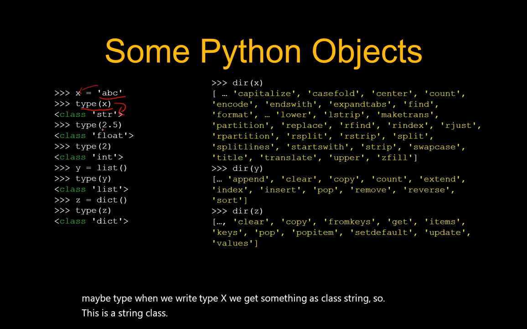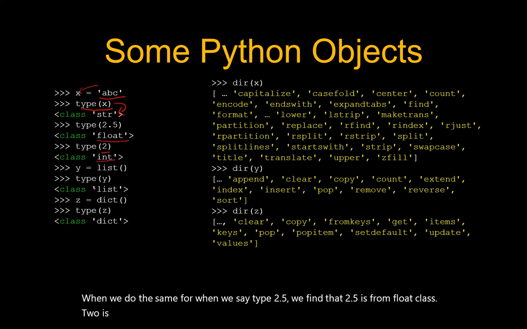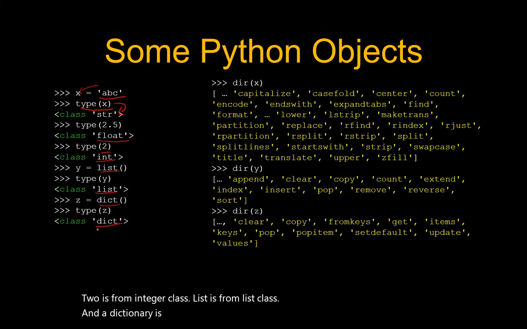When we do the same and say type 2.5, we find that 2.5 is from the float class. 2 is from the integer class. A list is from the list class, and a dictionary is from the dictionary class.